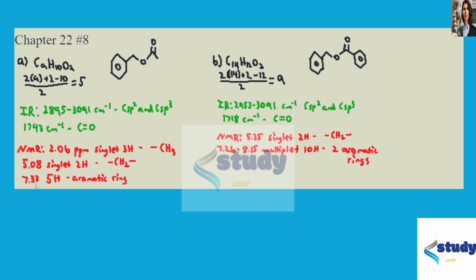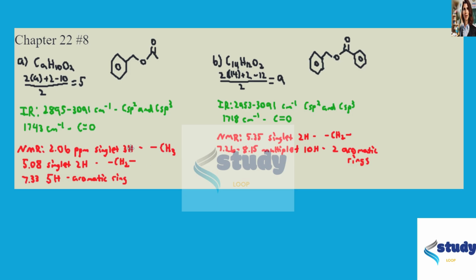Lastly, we're given NMR data. I think the way to interpret NMR data is to look at it one piece at a time and try to identify functional groups or pieces of the molecule that each piece of data is describing. The 2.06 ppm singlet that integrates to 3 protons is pretty clearly telling us there's a methyl group in this molecule.